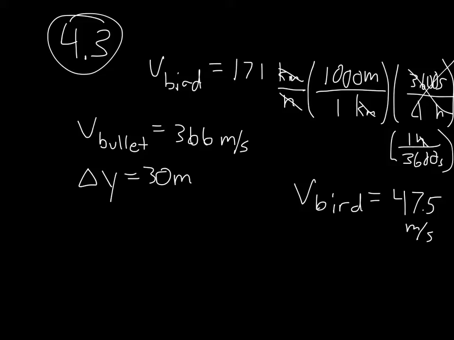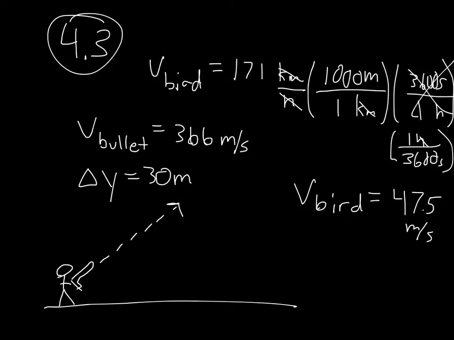Then we need to draw a picture. So here I am standing on the ground. I'm a stick figure. I have a gun. There's my gun. It shoots a bullet. And the bullet's going to go forward and hopefully hit a bird that is directly above me. Here's my bird.